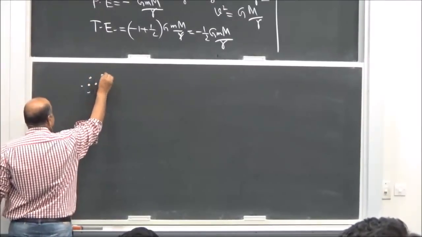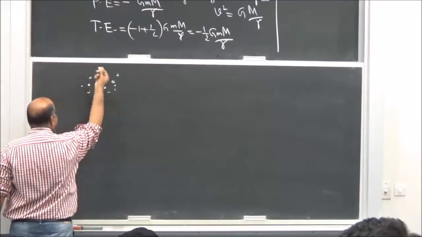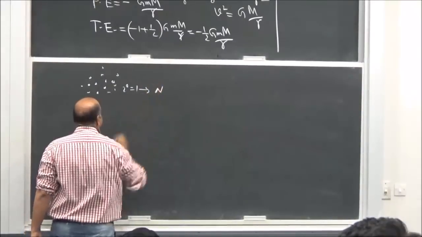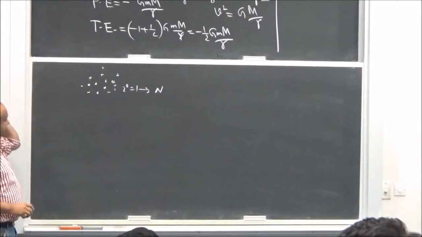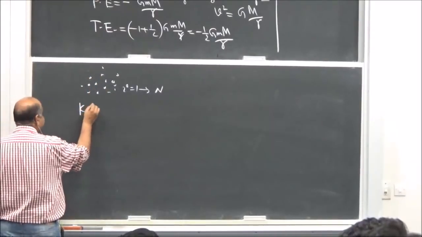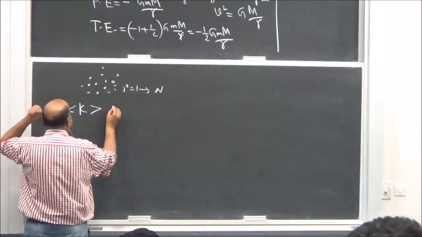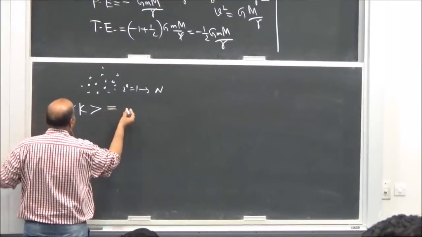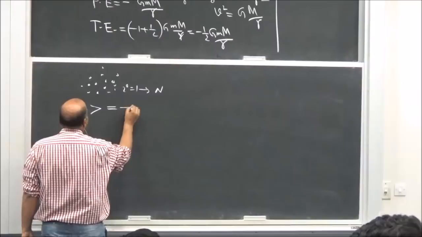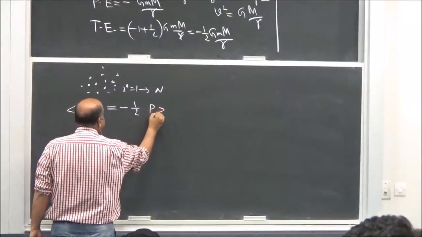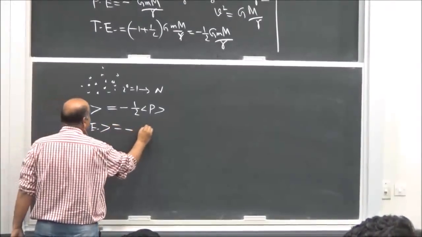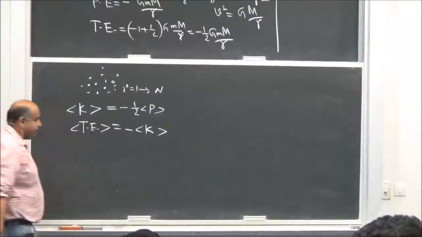If you have particles 1, 2, up to any n, all interacting gravitationally, and you compute their average kinetic energy, यहाँ वही रिलेशन बनेगा, which is minus half of average potential energy, and the average total energy is equal to the negative of the kinetic energy.